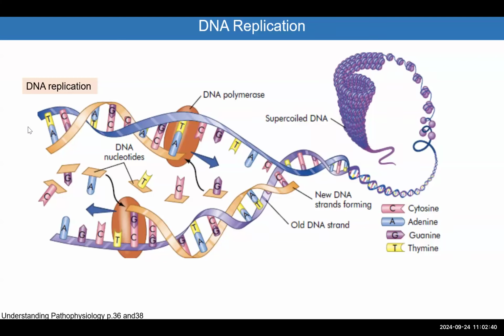This is a process that's done by helicases and topoisomerases. These are specific enzymes to do that. Then we need the DNA polymerase, which will come and copy and paste what each strand had, and therefore we get a duplicate of the DNA.